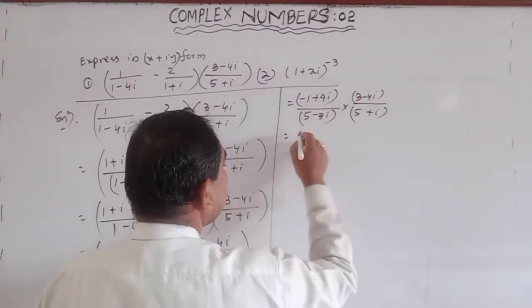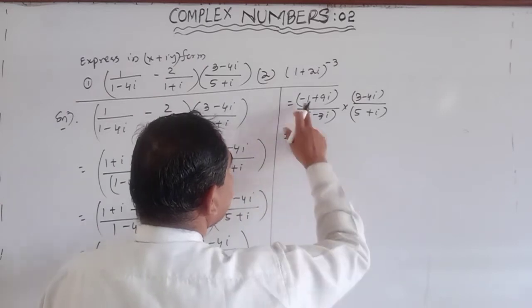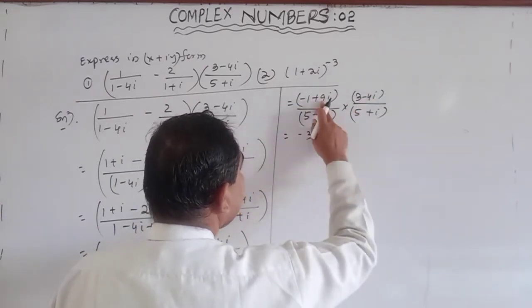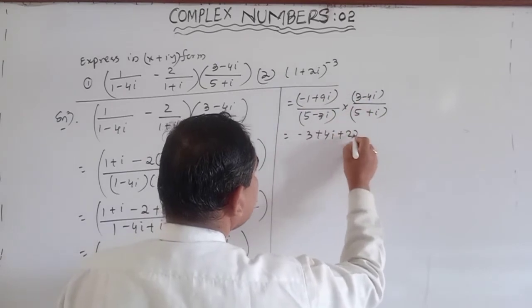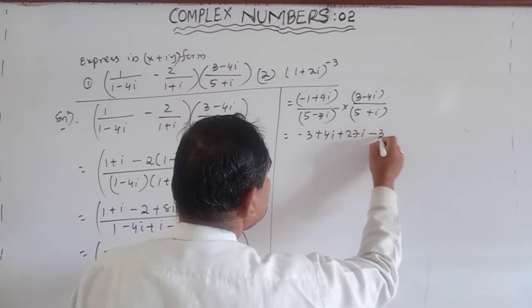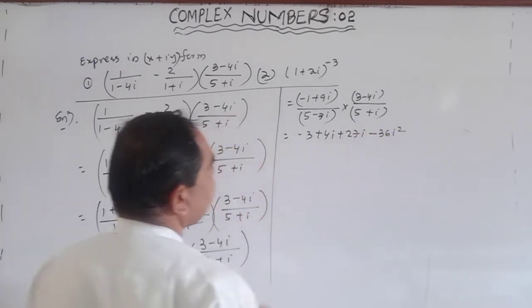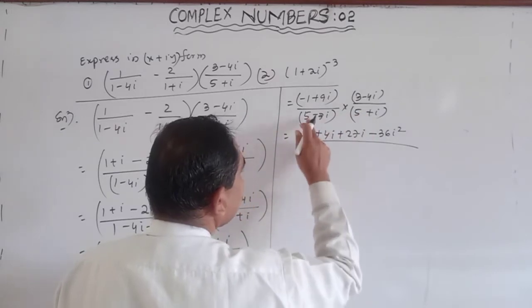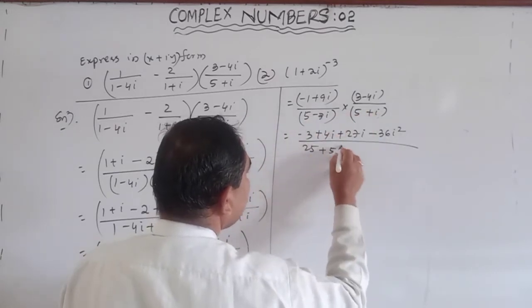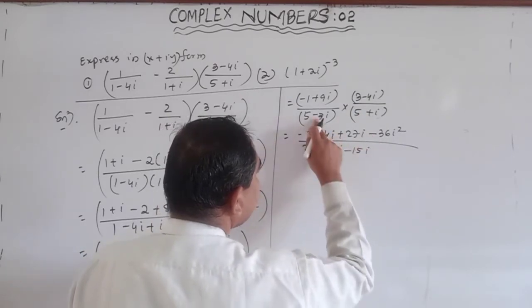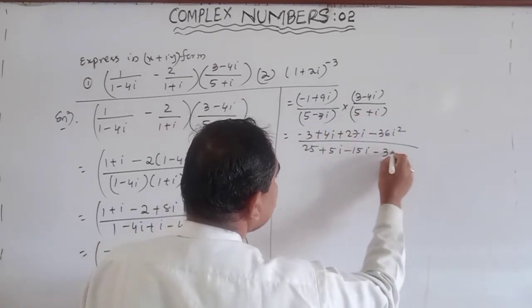Minus 1 into 3 is minus 3, minus 1 into minus 4i is plus 4i, 9i into 3 is 27i, 9i into minus 4i is minus 36i square. Denominator: 5 into 5 is 25, 5 into i is 5i, minus 3i into 5 is minus 15i, minus 3i into i is minus 3i square.